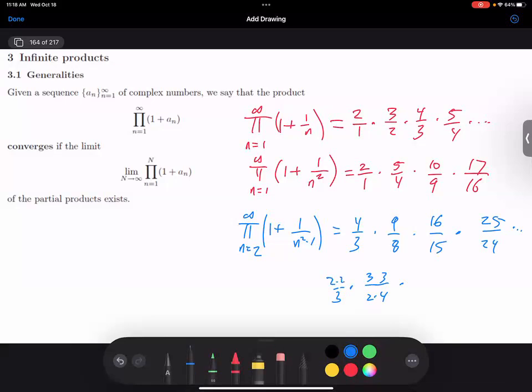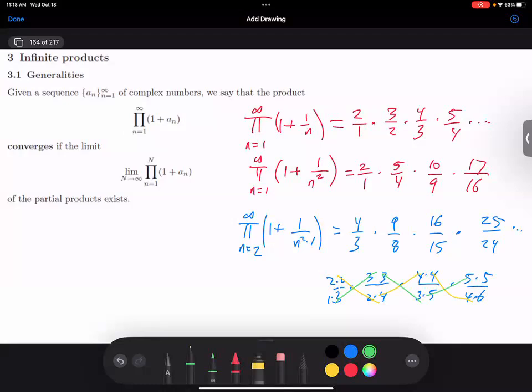So I think this is the way I want to write things. So 2 times 2 over 1 times 3, 3 times 3 over 2 times 4. The next one is going to be 4 times 4 over 3 times 5. Then 5 times 5 over 4 times 6. And if I do this properly, those 2's cancel, those 4's cancel, those 3's cancel, those 5's cancel.